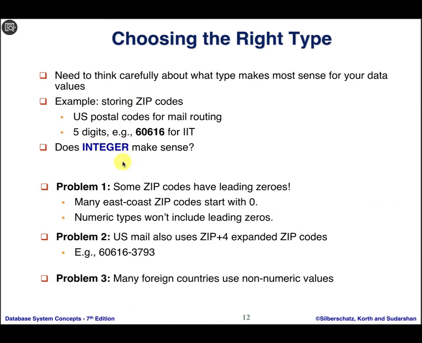Take a look at an example: the data type for the zip code. What data type are we going to use? The first thing that comes to mind is a numeric value, an integer, for example the zip code 6616. Do you think this is a good idea?